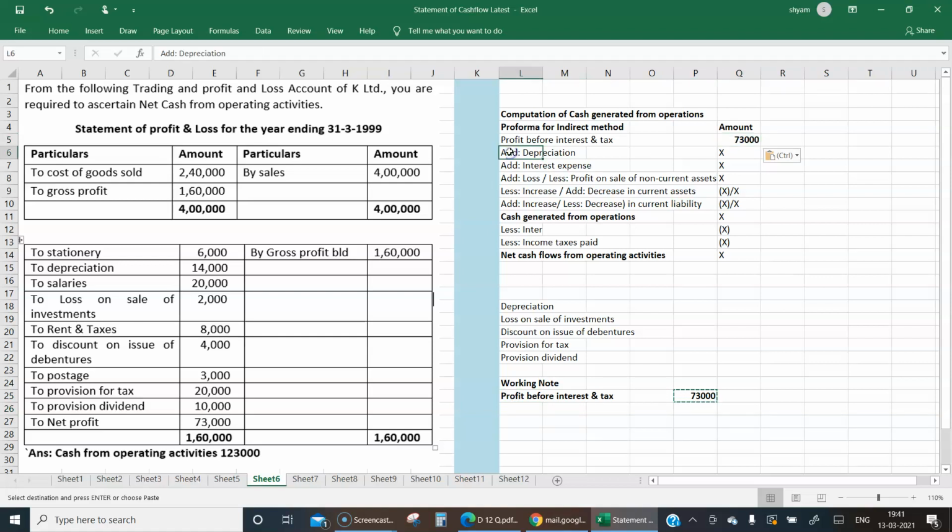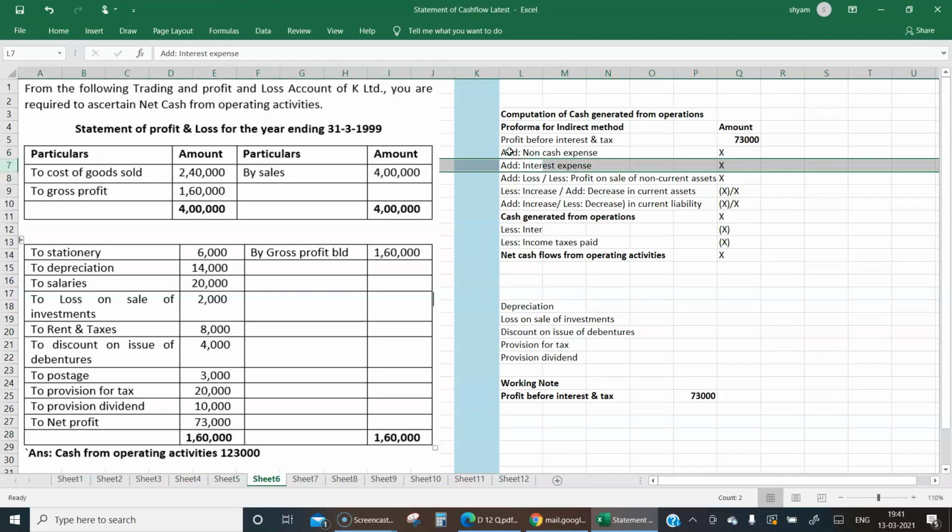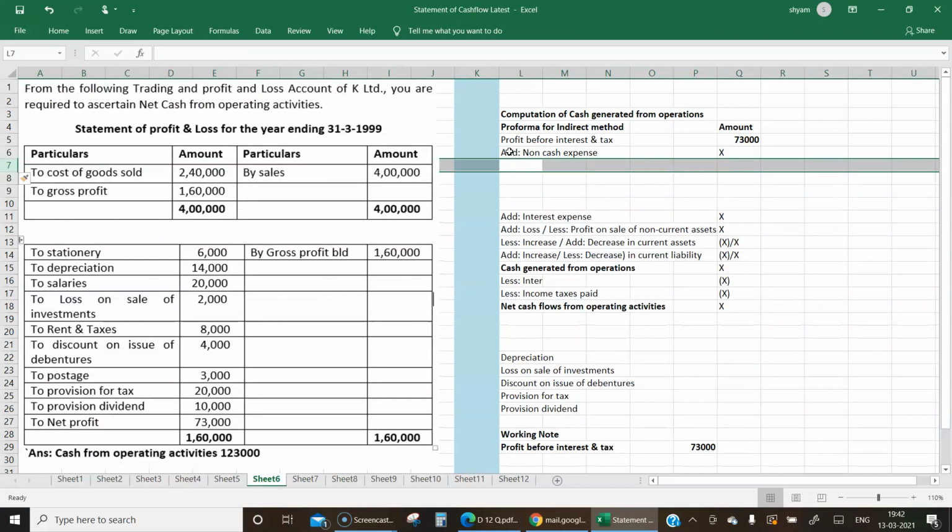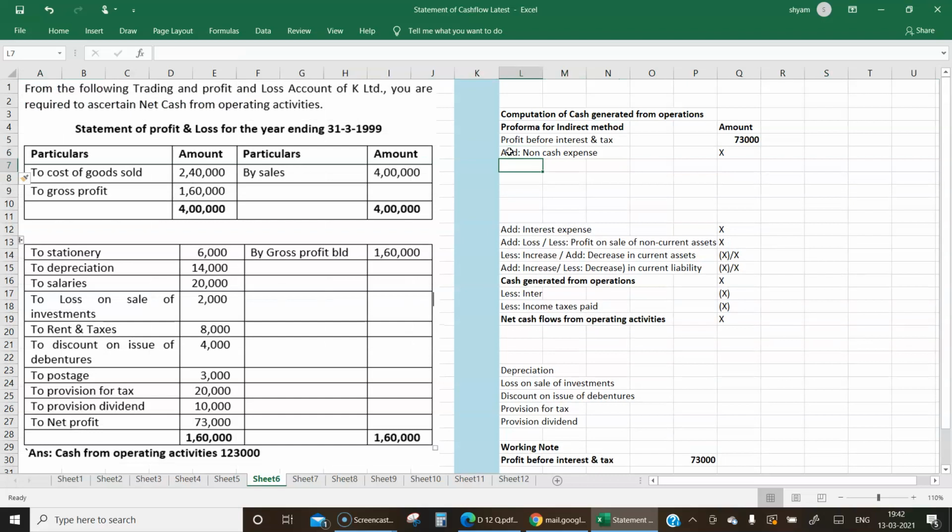So we have to add back all non-cash expenses, and we have to less any non-cash income.